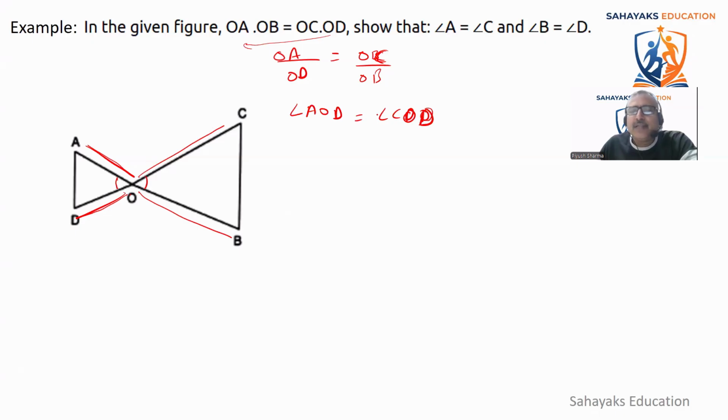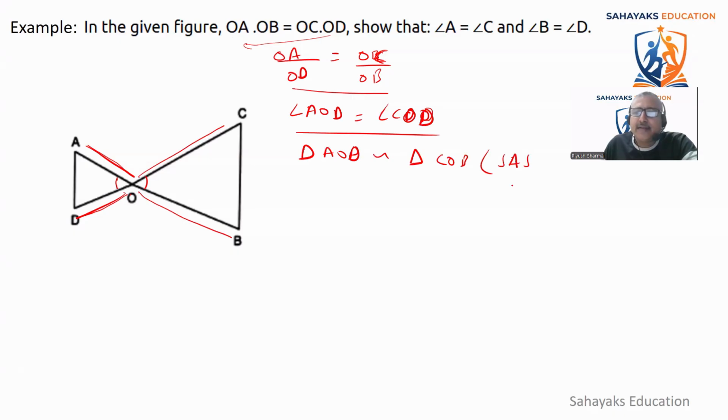Okay, so when these sides are in proportion and this angle is equal, triangle AOD is similar to triangle COB by SAS similarity.